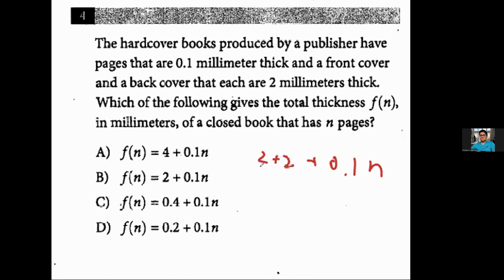Which of the following gives the thickness? So that's just 4 plus 0.1n, which is answer A.